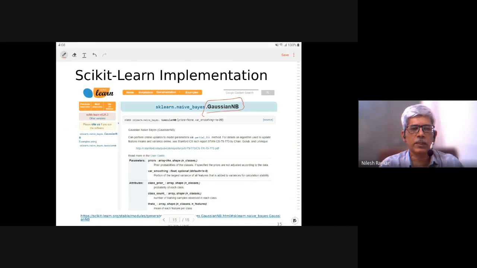All features are discrete and all labels are also discrete. But this particular theory can be extended to continuous variables as well. That is an extension of this model. But for simple understanding, this model is good enough.